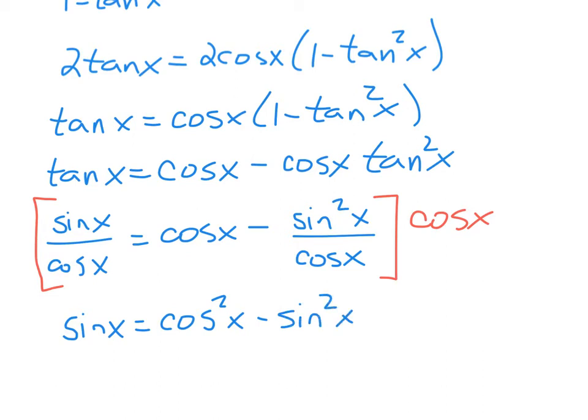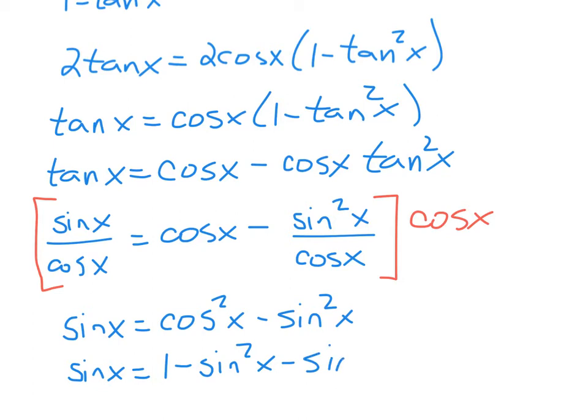And now we're really close. Our whole goal is to get these equations in terms of one trig function, if at all possible. So I'm going to use the Pythagorean identity for the cosine squared of x and substitute in 1 minus sine squared of x there.